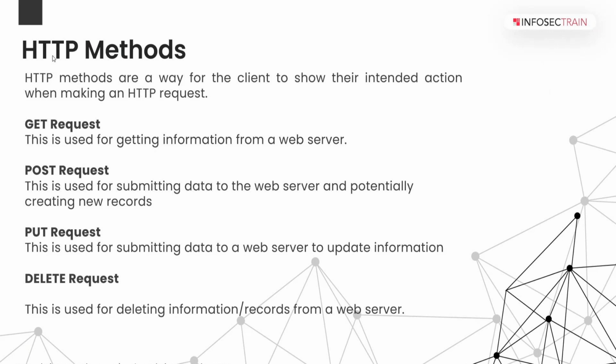Let's say the server has GET request, POST request, PUT request, and DELETE request. If there is a search box and you search something, the browser sends a GET request. But if there is a registration page and you send some data during registration, that's a POST request. PUT request is used in APIs, mostly to update information. And DELETE is basically for deleting any information, right? There are other methods also, but these are the important ones.